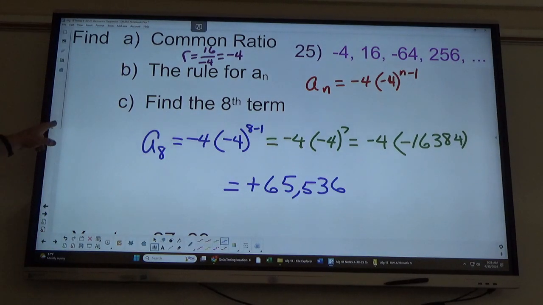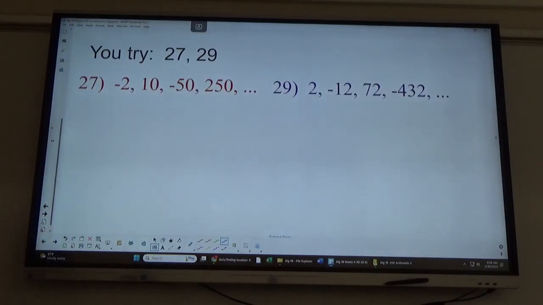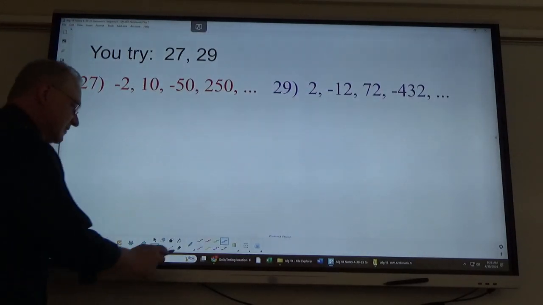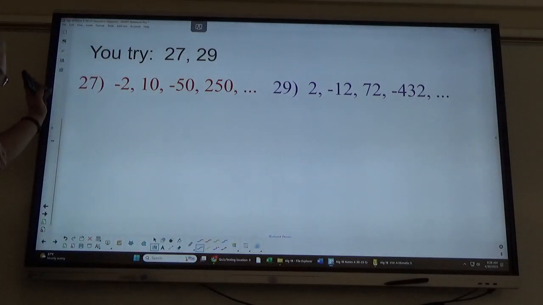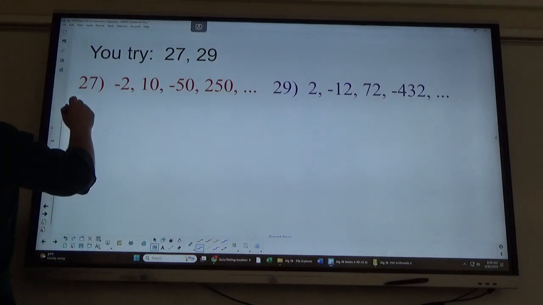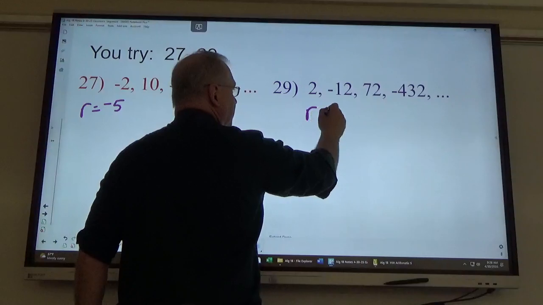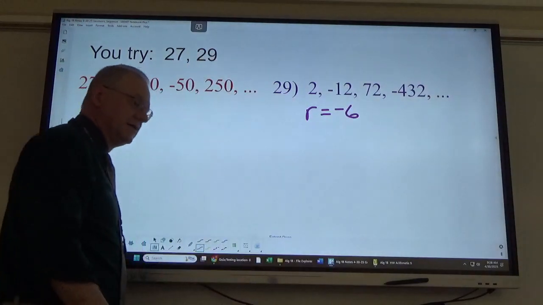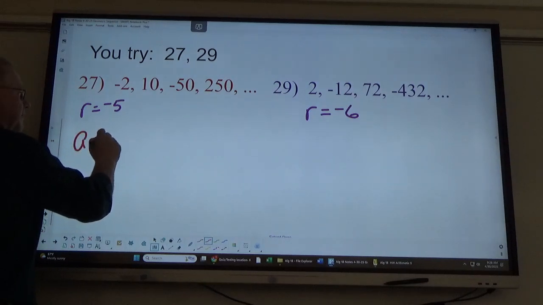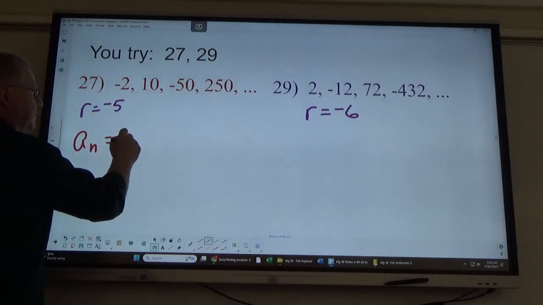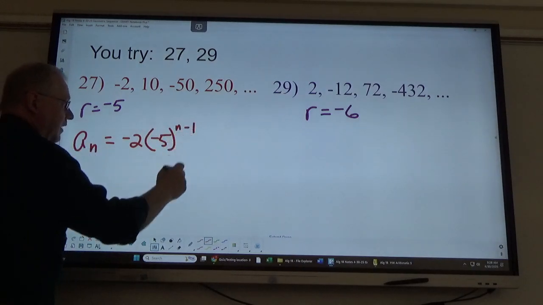Very big. All right, let us try these two, and that will end our lesson for today. Go ahead and try it, pause, unpause to see the results. R is -5 here, R is -6 here. A sub n is going to be -2 times -5 to the n minus 1.